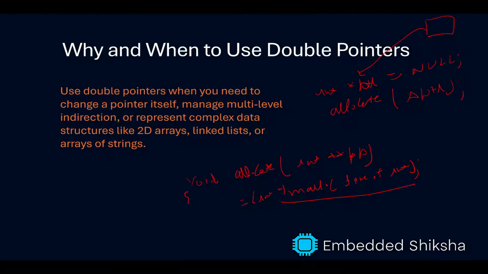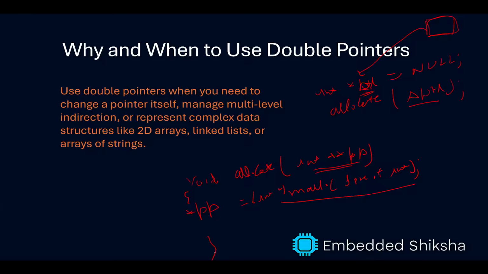As I said, we need to store this address into this pointer. How can we do that? If you see, we have received the address of the pointer here. So if I use dereference on pp, the dereference of pp means ptr, so it will change the value of ptr. Now ptr is assigned the newly allocated memory.